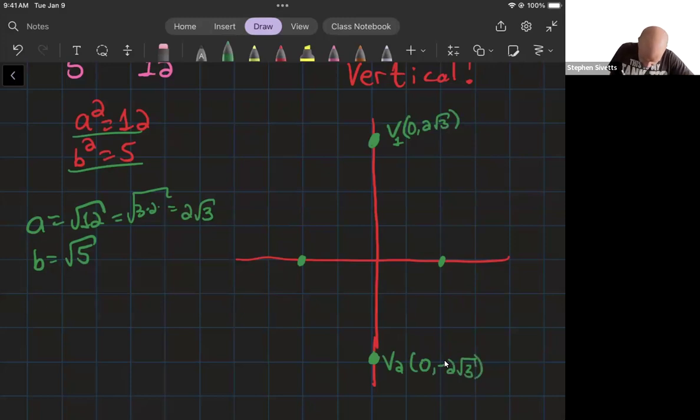And these points will be (minus root 5, 0) and (root 5, 0), right?